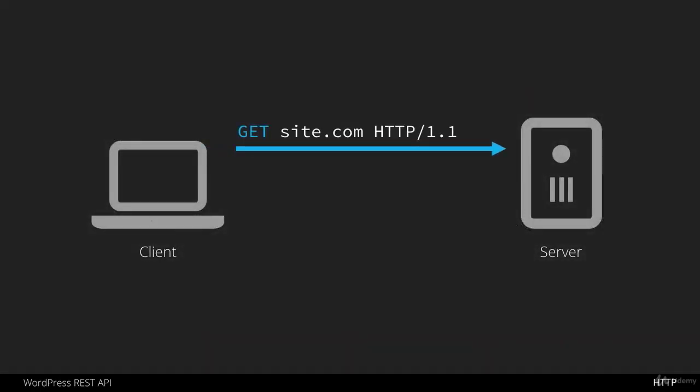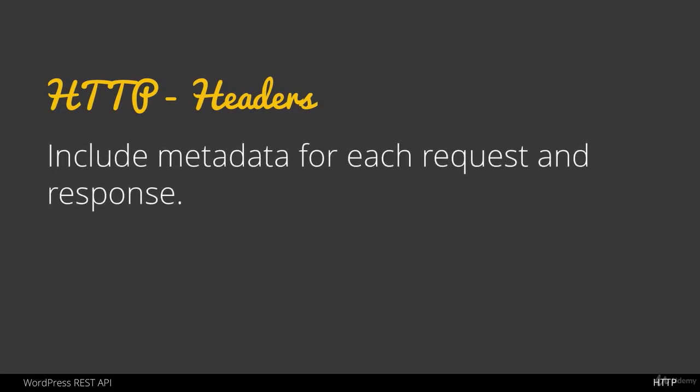So now when we look at this again, we see, okay, get this site, and then it's going to send a status line back. And this would be an example of a request line and a status line. This is part one of the message. So part two is going to be working with headers, and headers include metadata for each request and response sent.